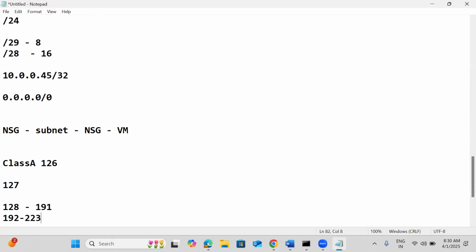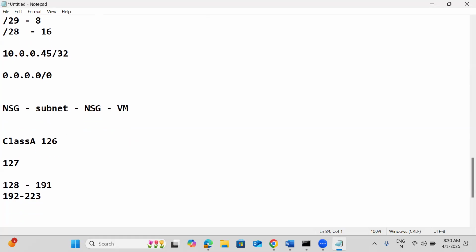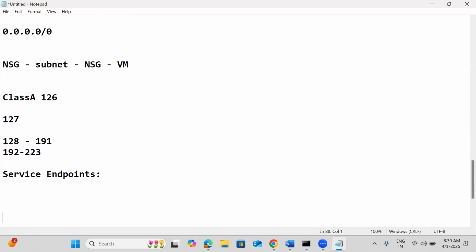Then here we have one more very important terminology called service endpoints. The concept of service endpoints is: we created a VNet and subnet, and we have a private subnet.